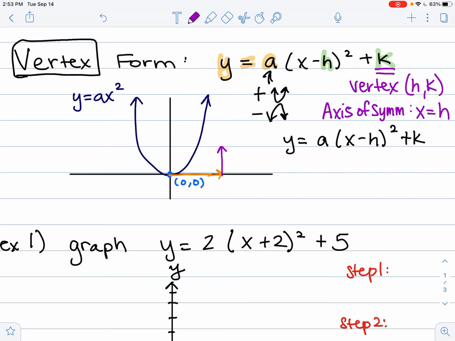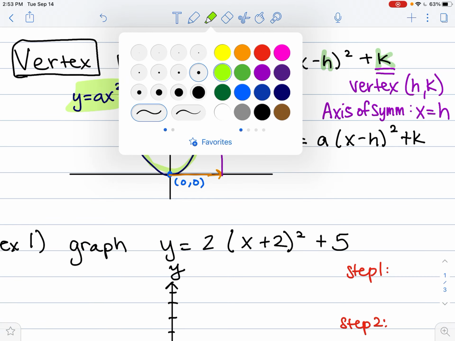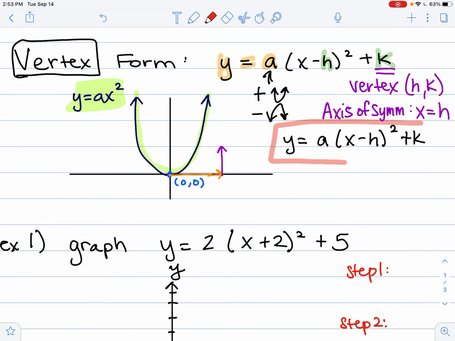So looking at that, if this graph right here is y equals x squared, and I change it by adjusting it by h comma k, this distance is h.